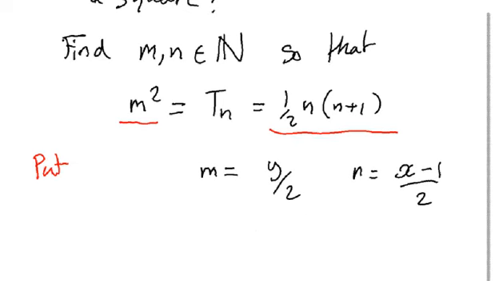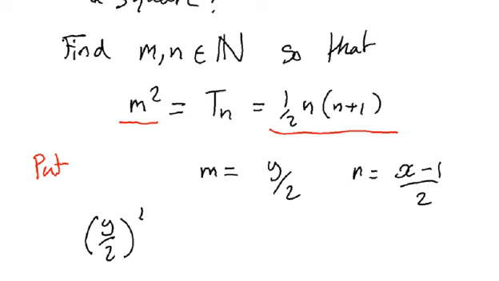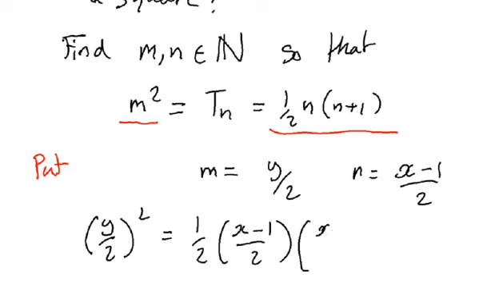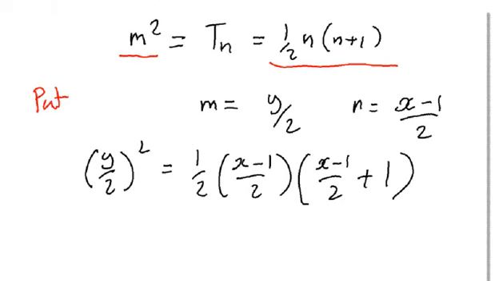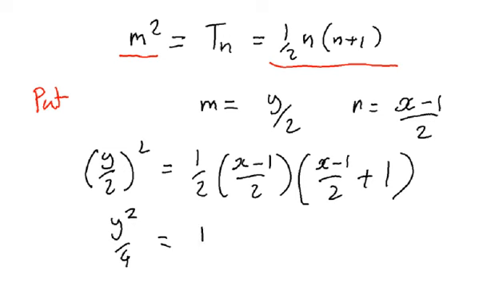Well, what happens is that I've got y over 2 squared, that's m squared, is equal to half times x minus 1 over 2, that's n, times x minus 1 over 2 plus 1. That's it again. And so now I'm going to do a little bit of simplifying with that. I can say that y squared over 4 is equal to, well, first of all, I've still got my half here.